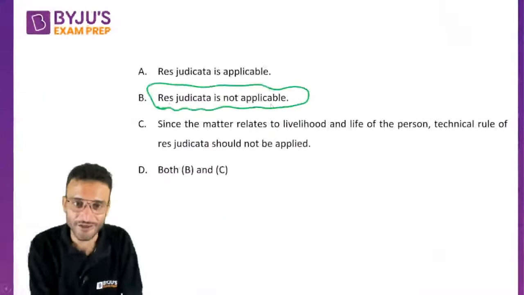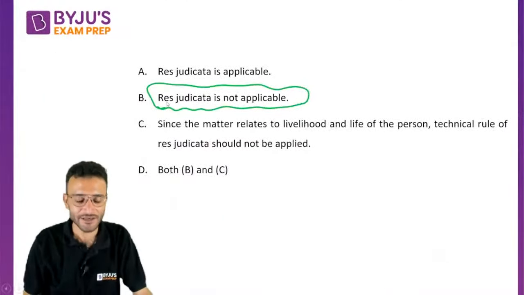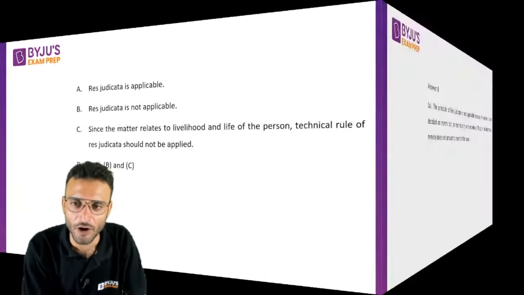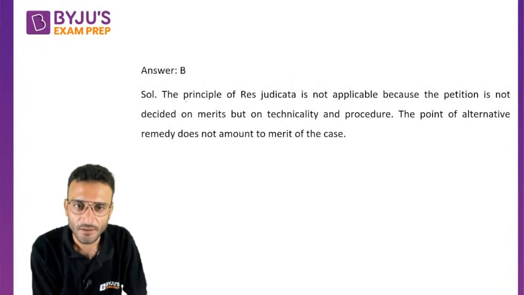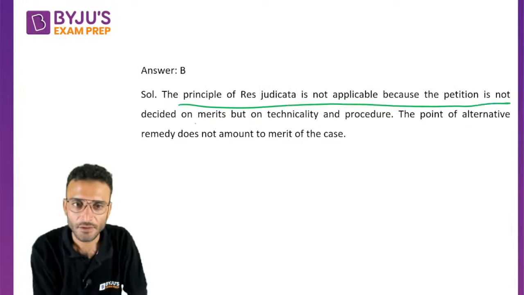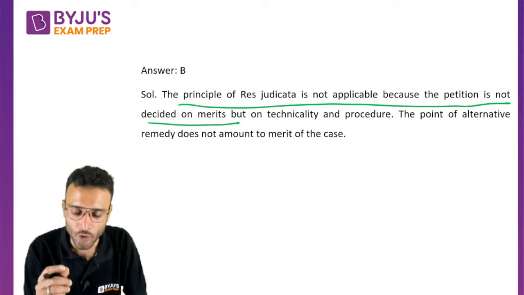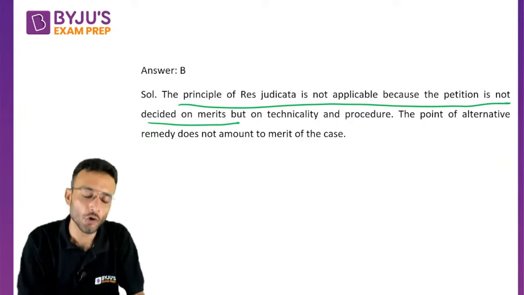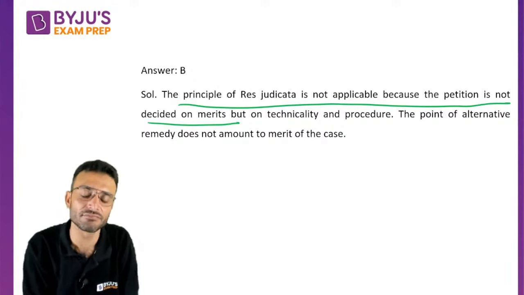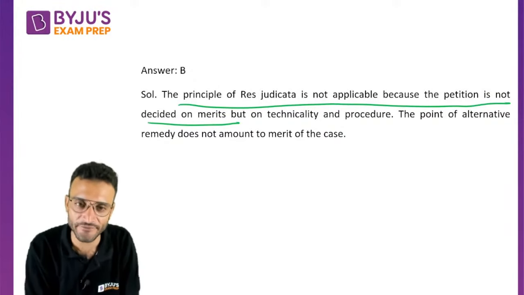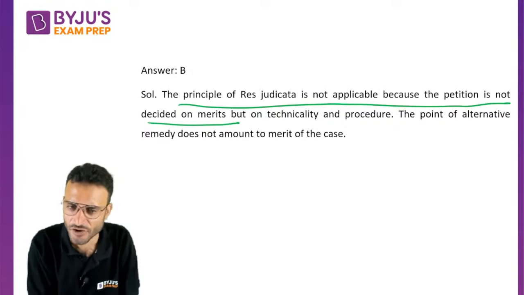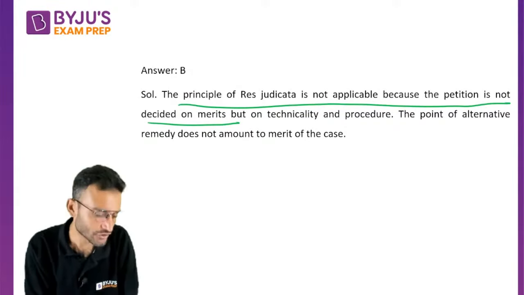So this is not a case of res judicata. He is not falling under res judicata. He has got that grant from the court. The court just said that I am not going to hear it. You go to the relevant authority and put forward your grievances. That's it. The court did not decide on merit. Of course not. So the correct answer happens to be option B.